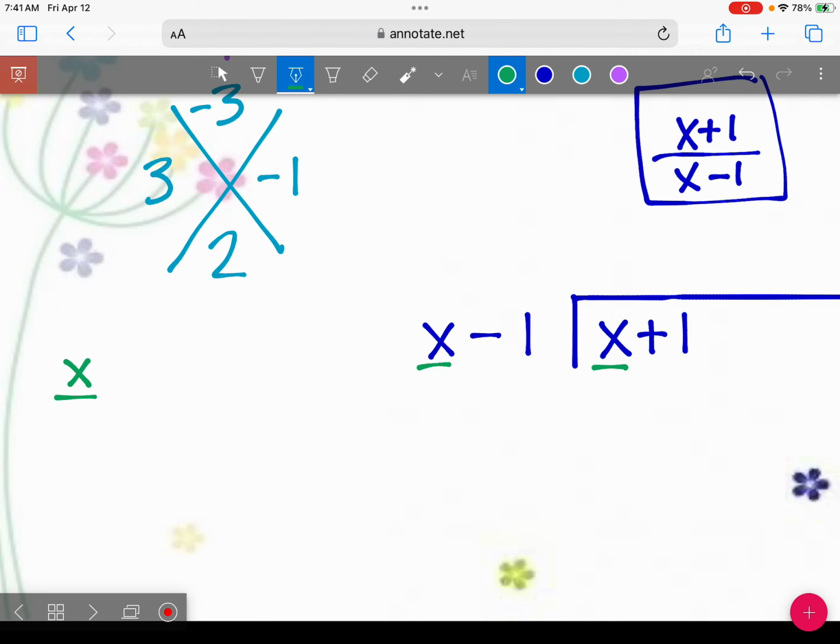What is x divided by x? It equals 1. So we can put a 1 on top up here.